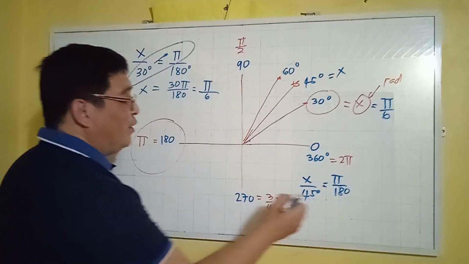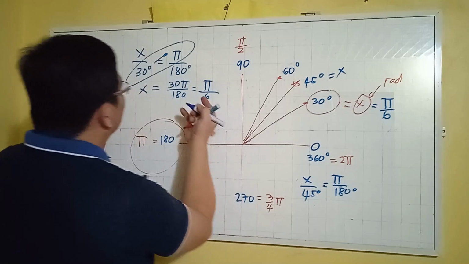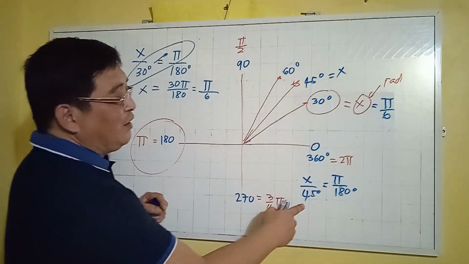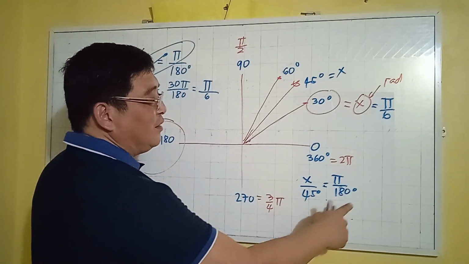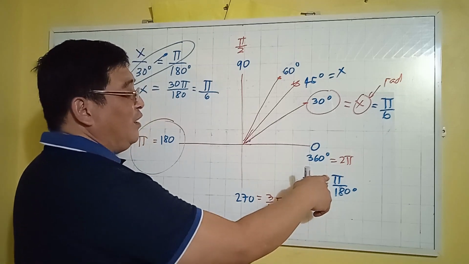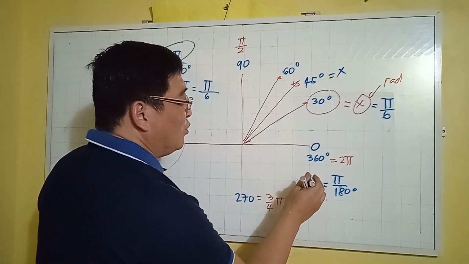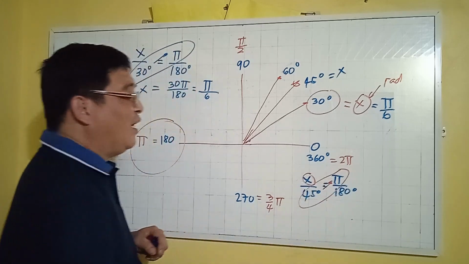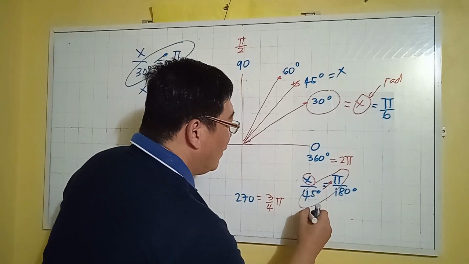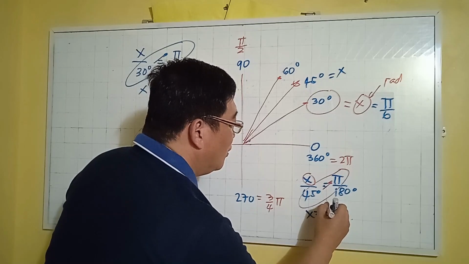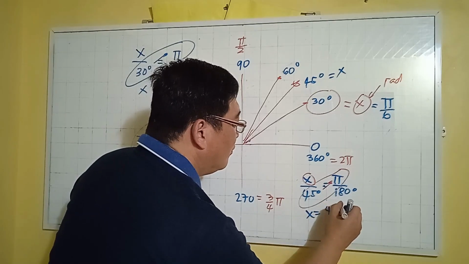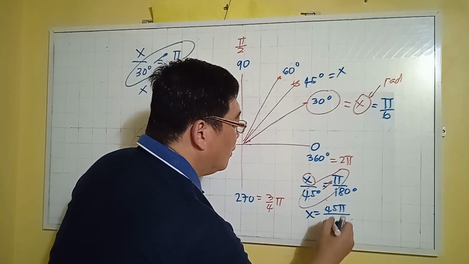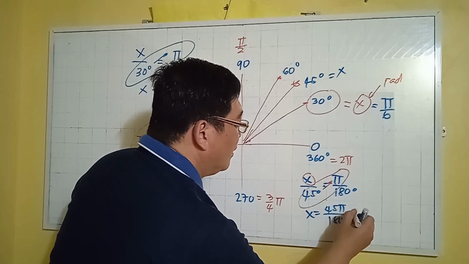So, pi over 180 kasi, as I said na dito sa computation natin, pag degrees ang nasa ilalim, parehong degrees. Pagka pi, ang hinahanap natin is yung pi. Now, we're going to cross multiply. Mapupunta dun sa taas itong 45. We have x is equals to 45 pi over 180.